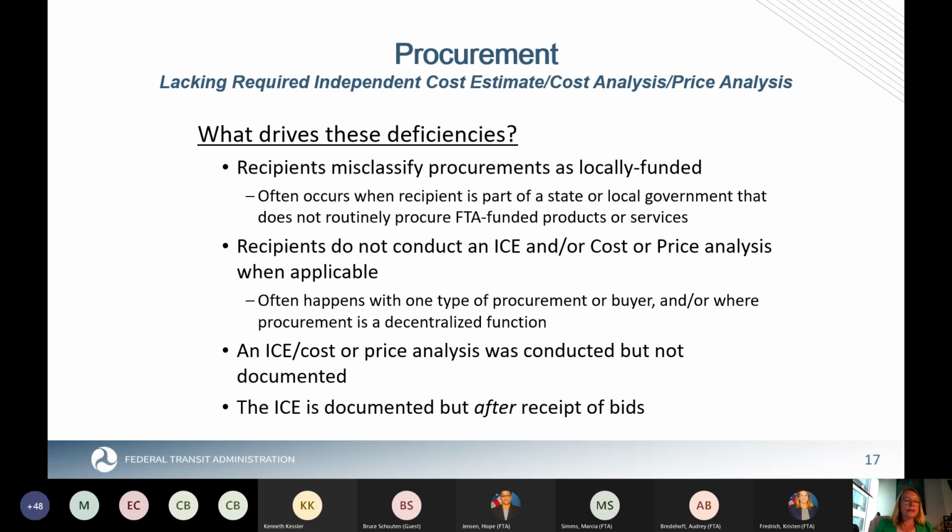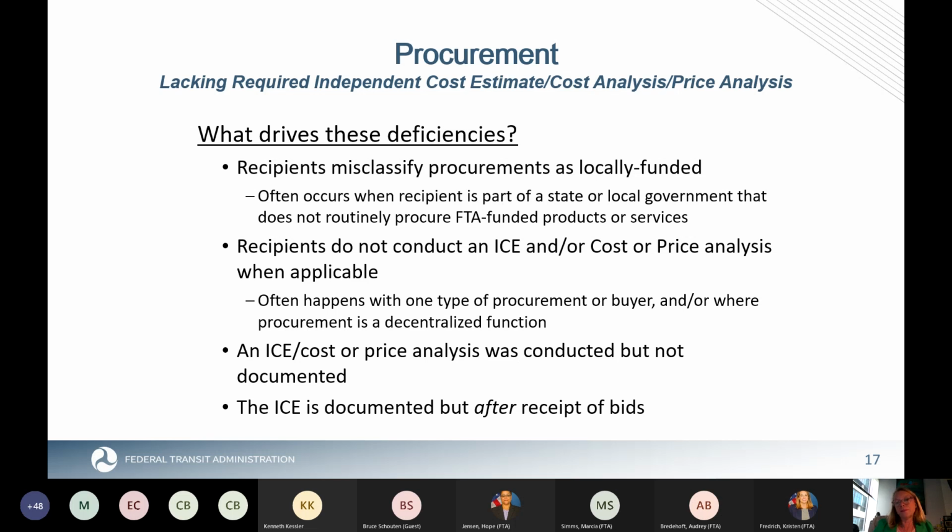Another reason is that you don't conduct it when it's applicable. So you just didn't do it even though you had a procurement that was over $250,000. This internally can happen sometimes if you have decentralized procurement and you have folks outside the normal procurement arena that are able to conduct procurements, or as important as the regulation says, procurement actions.